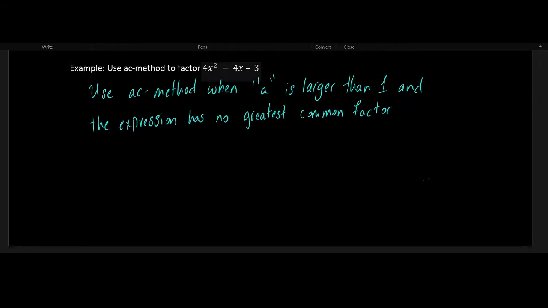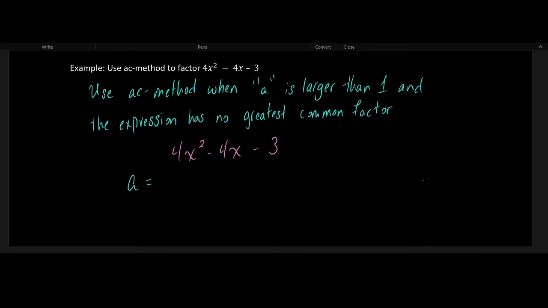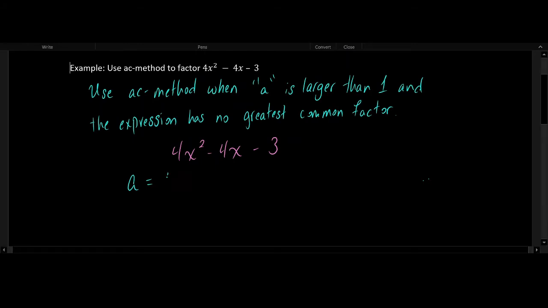So for example here, we have the expression 4x squared minus 4x minus 3. And let's recall that A is the name that we give this number that's being multiplied by x squared, the coefficient of x squared. So in this problem, A is positive 4.